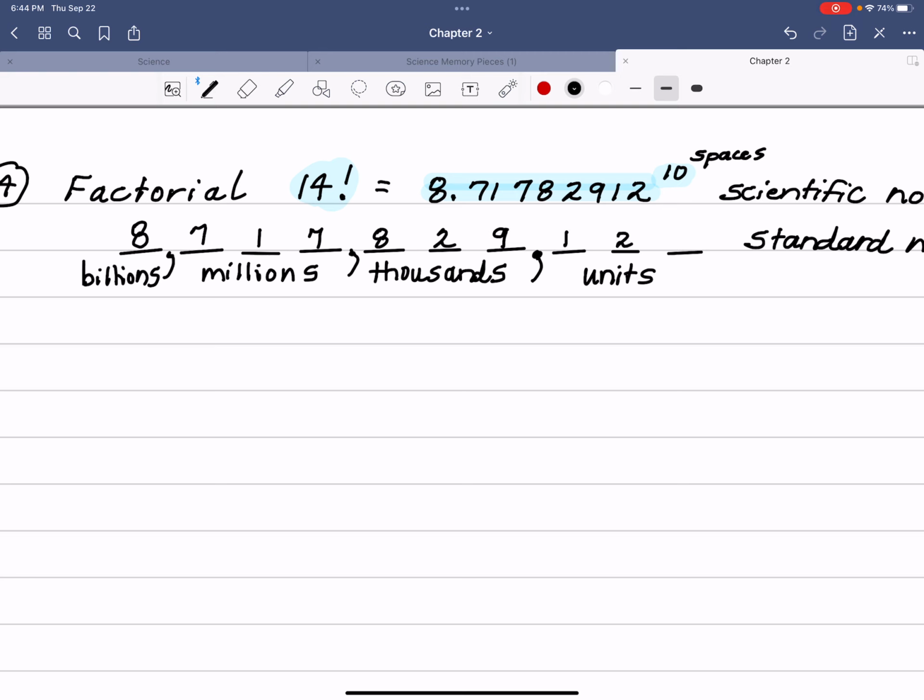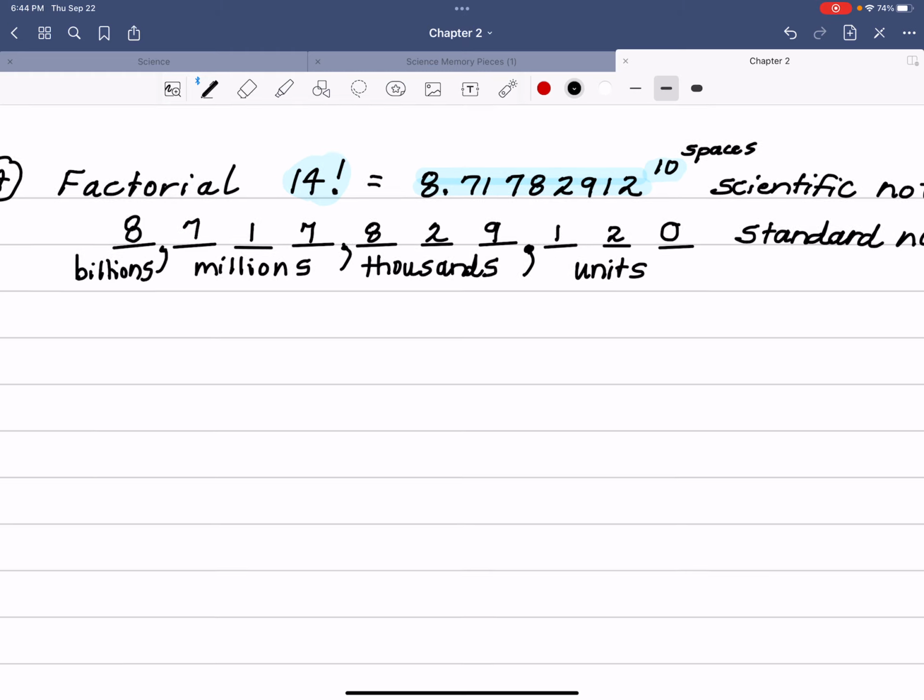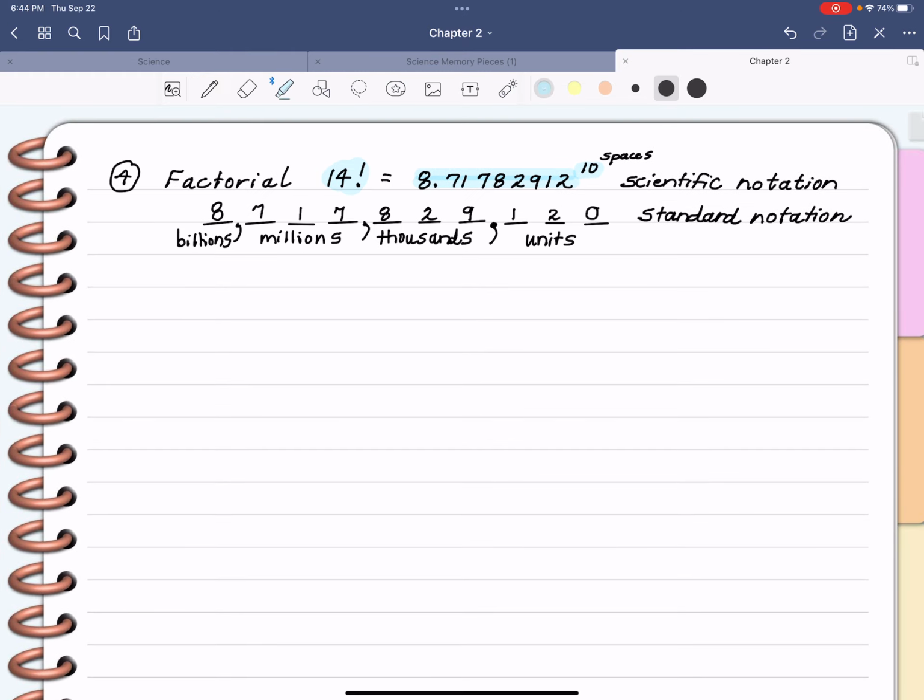And then I run out of numbers. I did 8, 7, 1, 7, 8, 2, 9, 1, 2. So I have to put something in this last space, and it will be a 0. So this is the number in standard form.